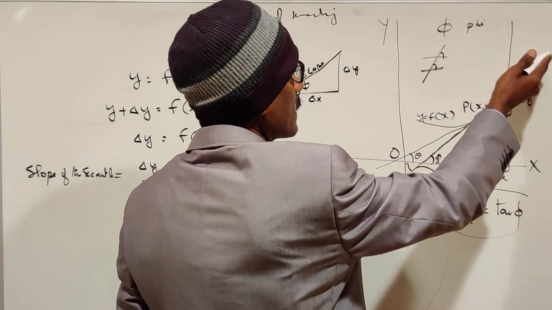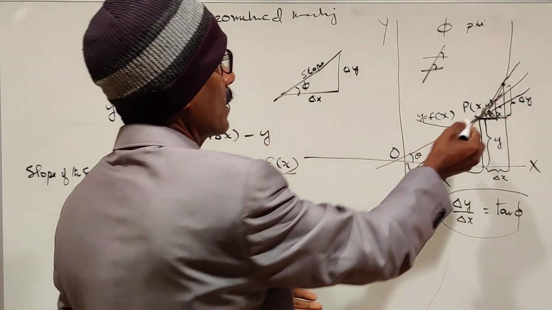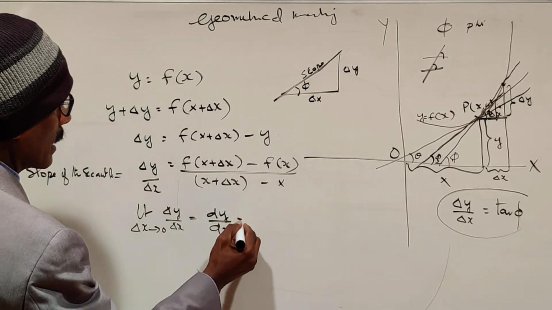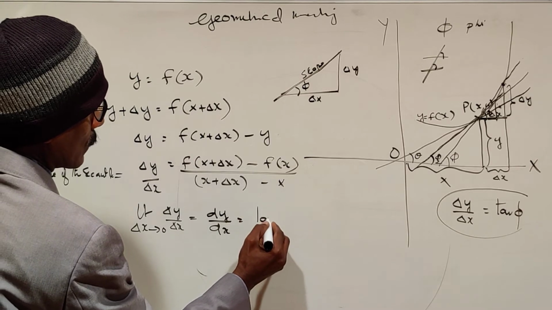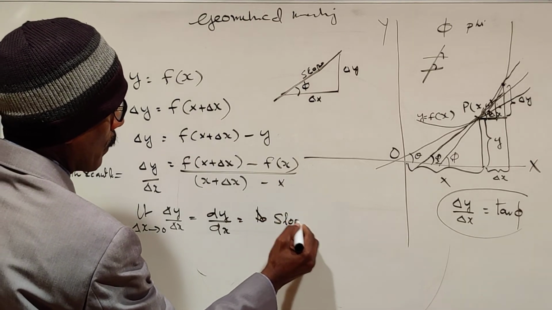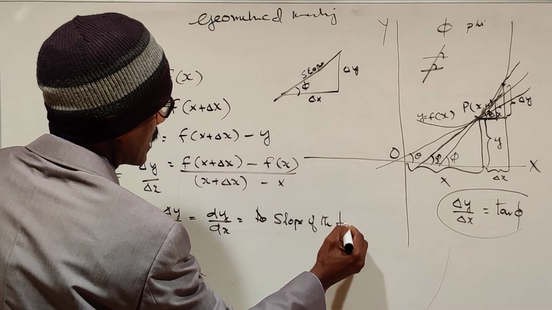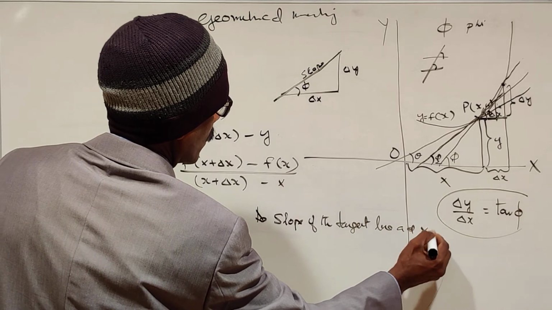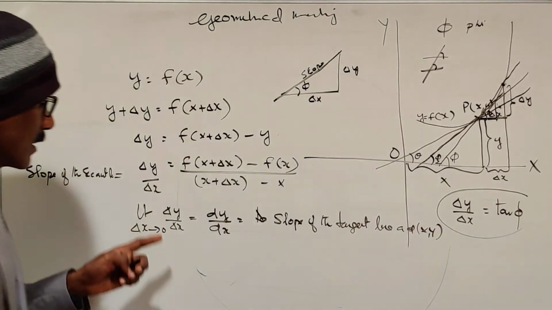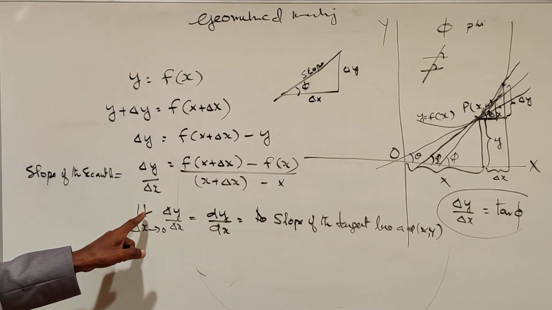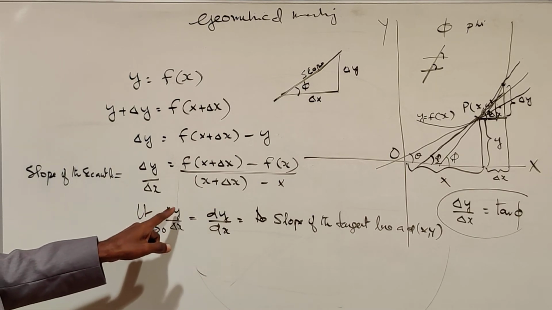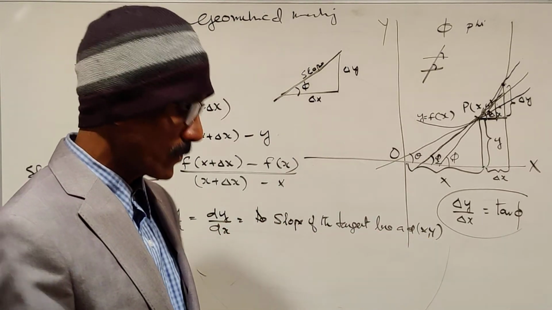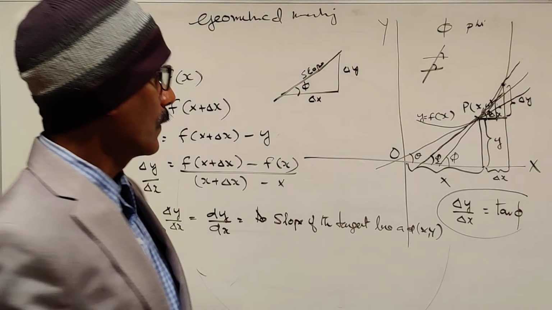So what is the meaning of dy by dx? It is the slope of the tangent line at x, y. The limit as delta x tends to 0 of delta y by delta x equals dy by dx, the slope of the tangent at the point x, y. That is the meaning of the derivative.